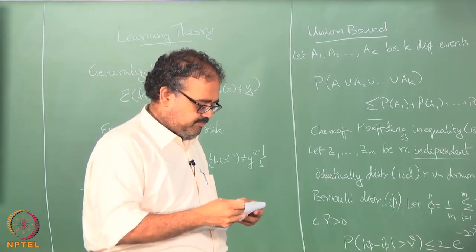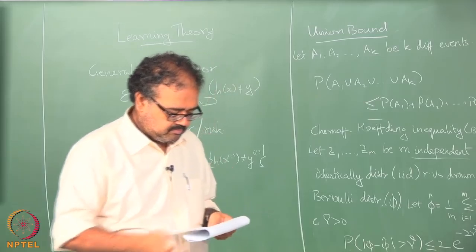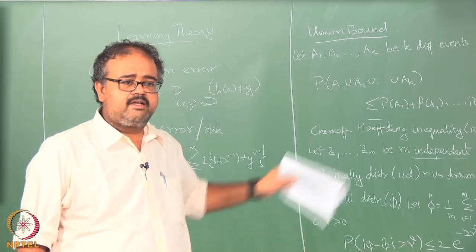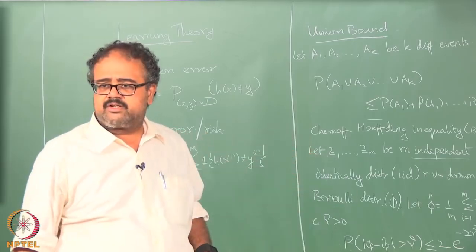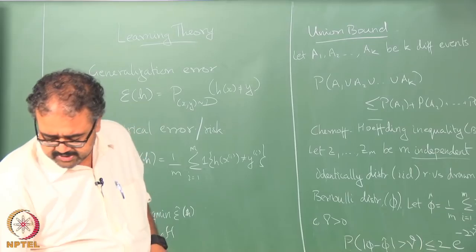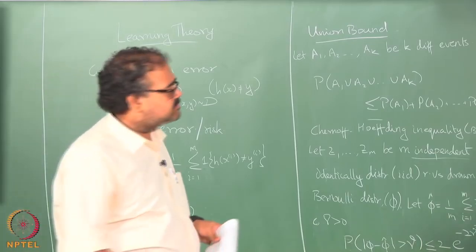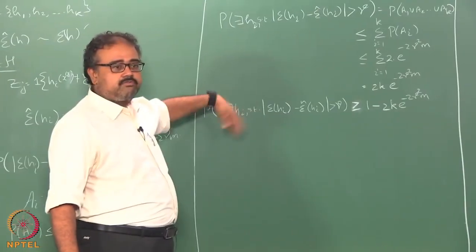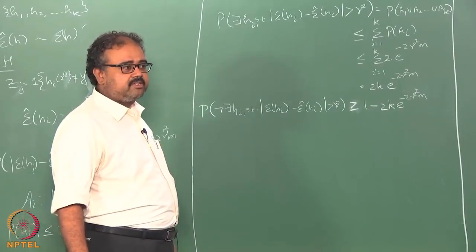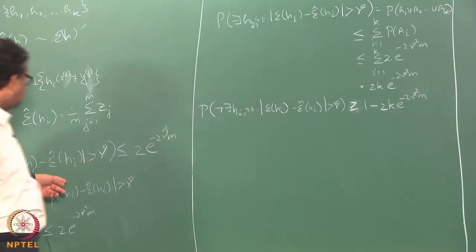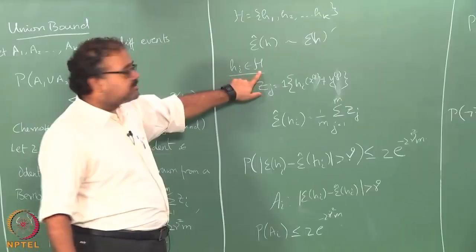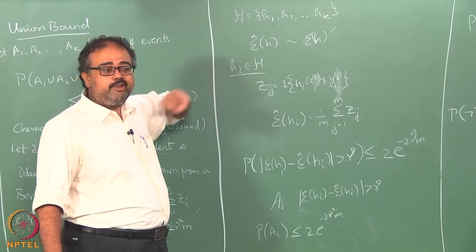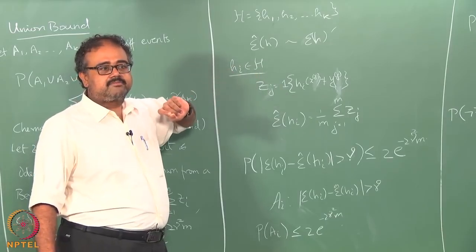Is it clear what we have done here? Just simple algebra. So we got this, and this kind of result holds for all h in the hypothesis class we have taken, because this result holds for all h in capital H. These are called uniform convergence results.